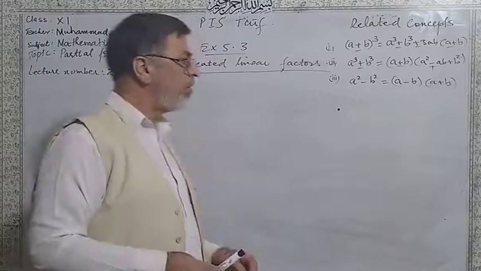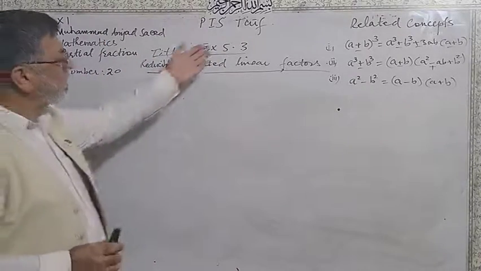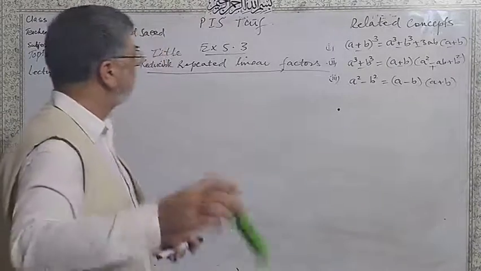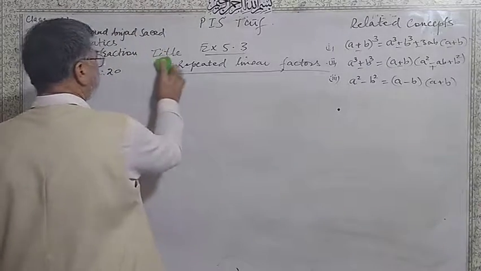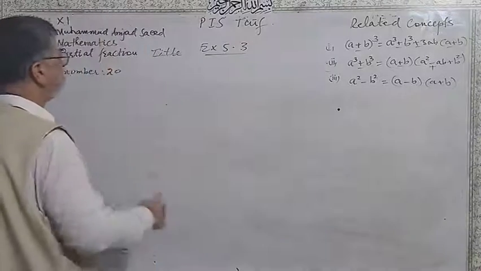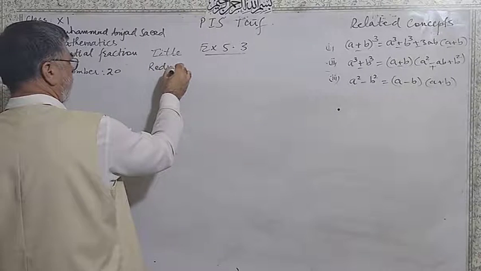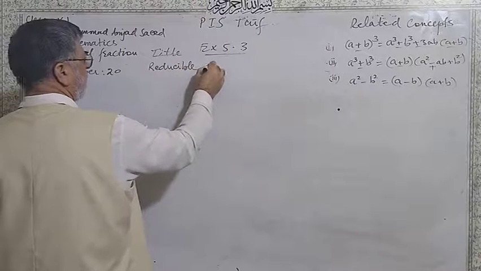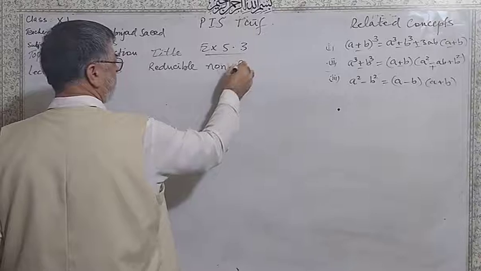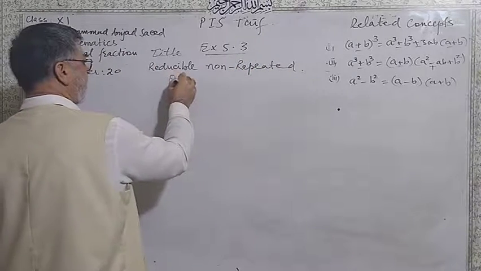Today we are going to have our lecture number 20 and exercise 5.3. The title of this exercise is reducible non-repeated quadratic factors.